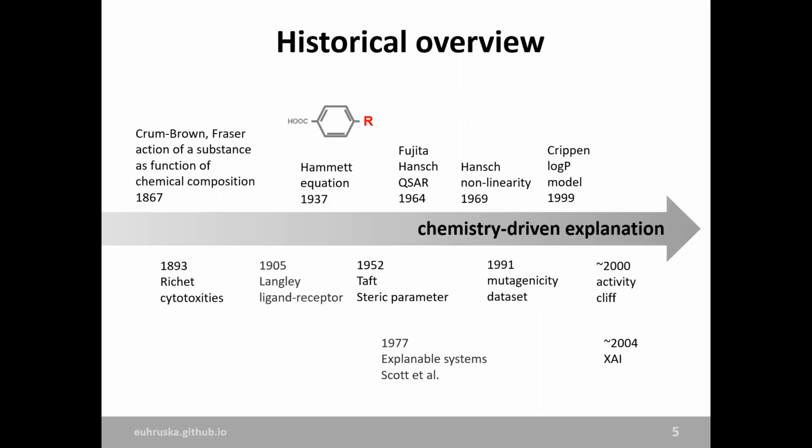This historical comparison is just to show that this kind of chemistry-driven explanation has a long tradition and is almost independent from the machine learning explanation approach. But in recent times, there is a lot of overlap.